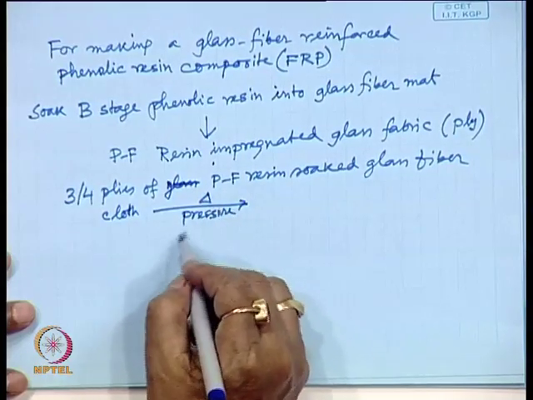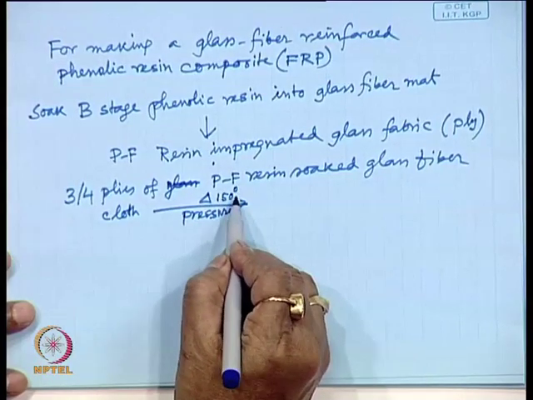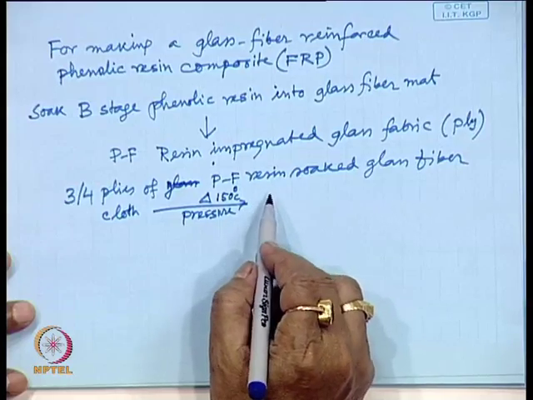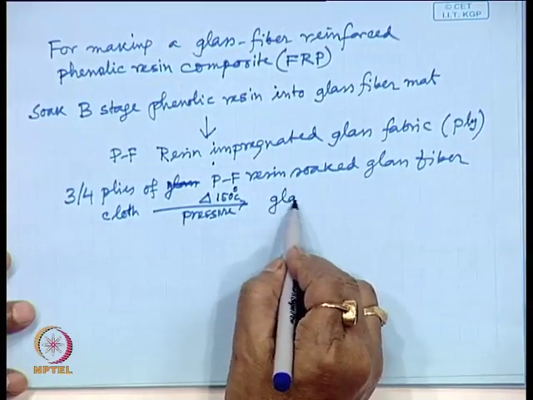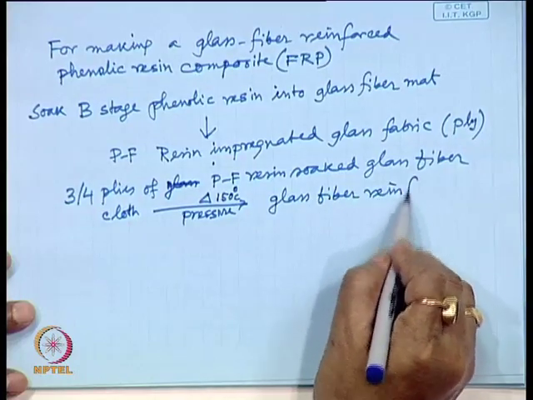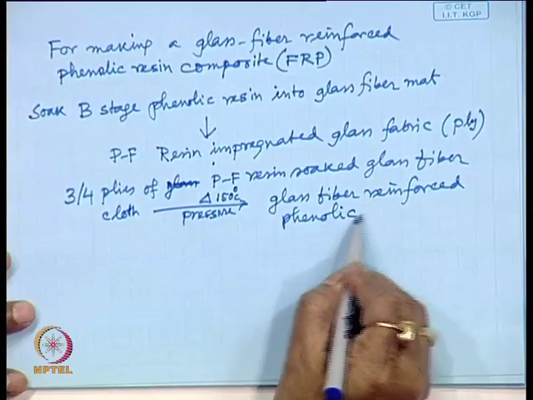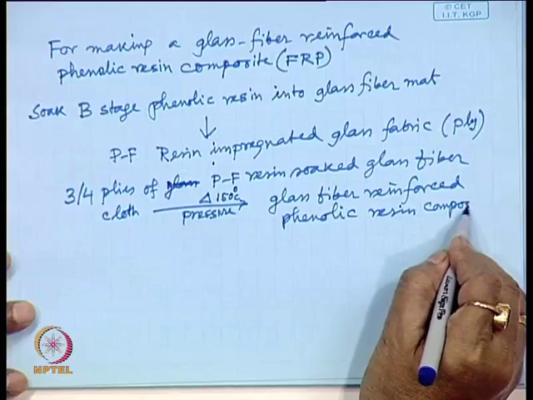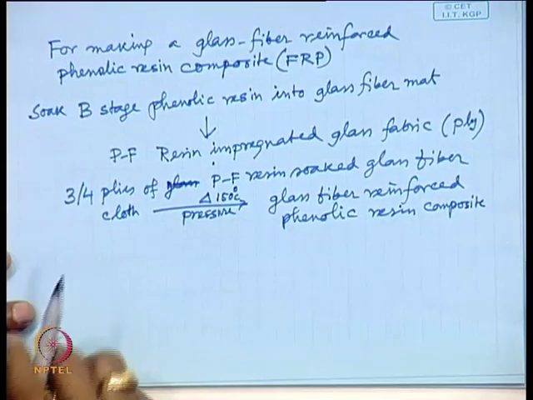Heat means the temperature should be around 150 degrees Celsius. You will get a glass fiber reinforced phenolic resin composite. Do you understand?